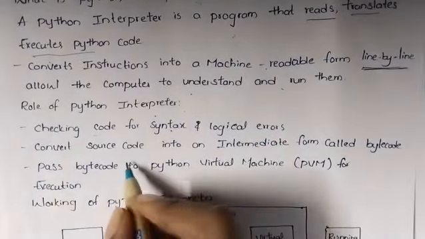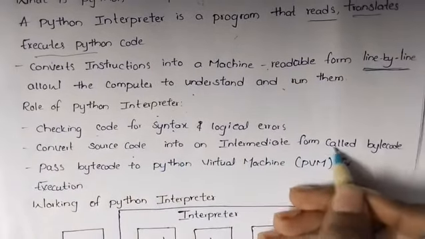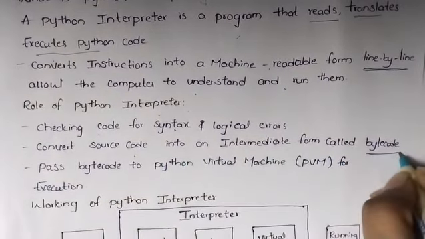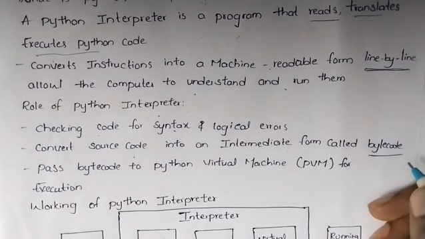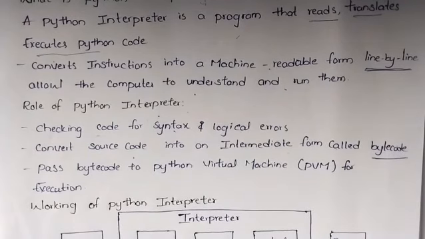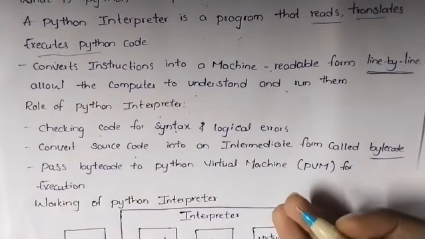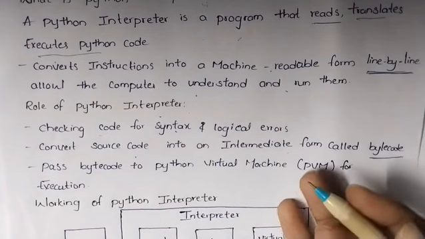Next, it converts source code into an intermediate form called bytecode. Bytecode is just a normal symbolic language. It is not understood by humans. It is only understood by the PVM, the Python virtual machine.